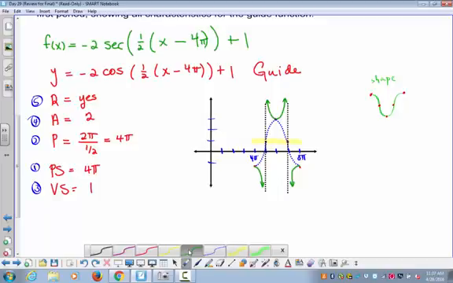We will be asked to identify the domain and the range. So the domain. What's the first part of the domain? Negative infinity to what? Because this graph repeats itself again and again.